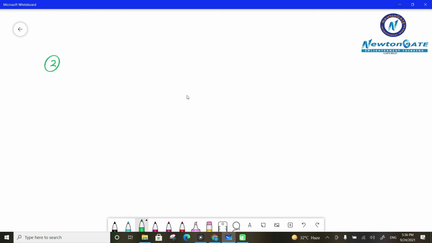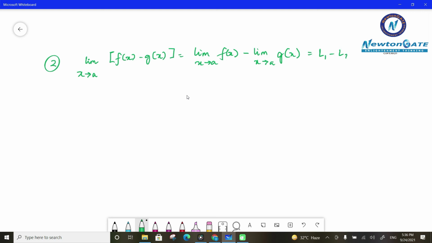In the same manner we have some other properties as well, but the proofs of all of them are in the same way. So what is the second thing? After addition we have subtraction. The limit as x tends to a of f(x) minus g(x) will be equal to the limit as x tends to a of f(x) minus the limit as x tends to a of g(x), which is equal to L1 minus L2.